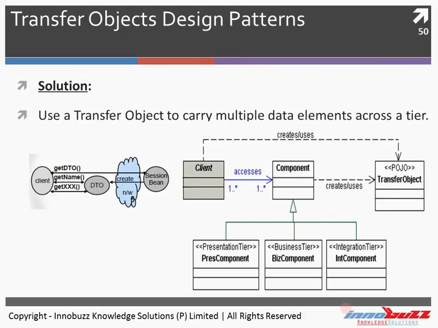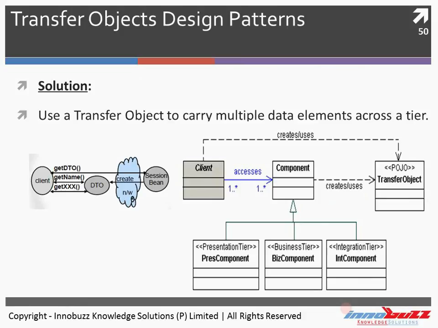Therefore, if you use a transfer object, you can easily bind all those data to this object and send this object alone. So instead of sending multiple data elements one by one over a network to a client, you can put all the elements in a single object and then pass that object over the network to your client.